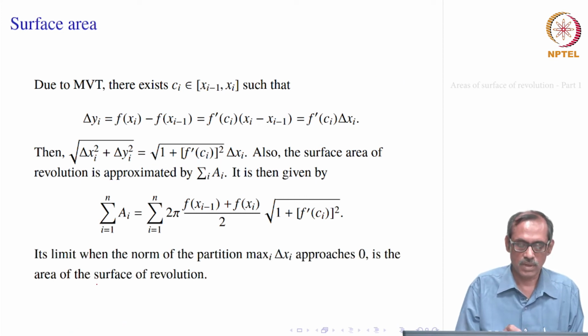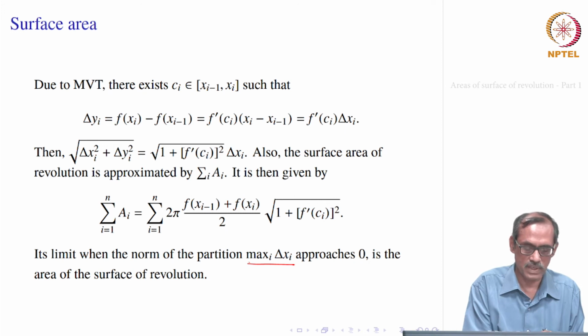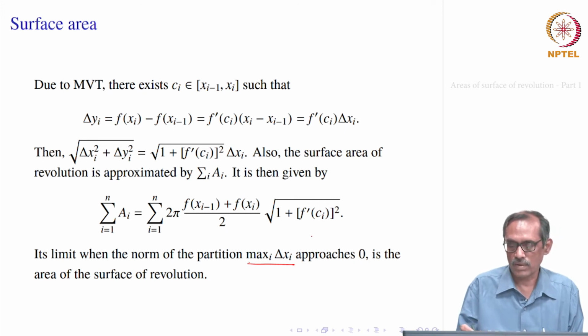Okay. So, now when the limit of the norm of the partition, which is maximum delta x I, approaches 0, we obtain the surface of revolution or area of the surface of revolution. Now, what will happen when we take the limits? Once the maximum of delta x I goes to 0, you see that the C I also goes to either x I minus 1 or x I, they are now the same.